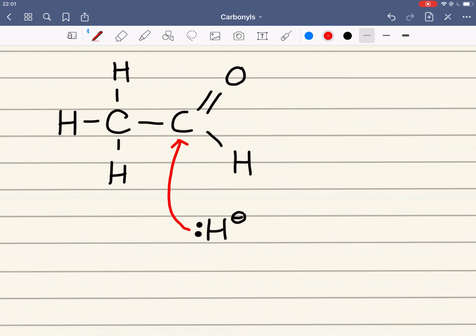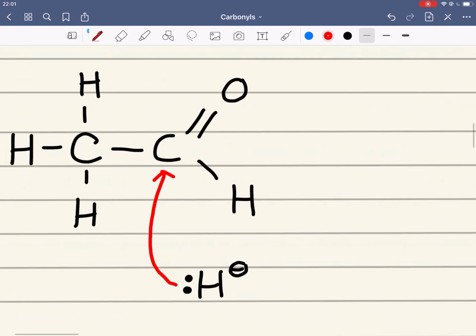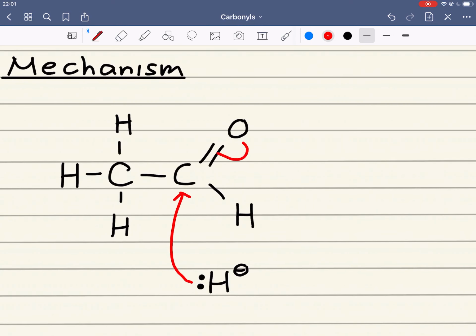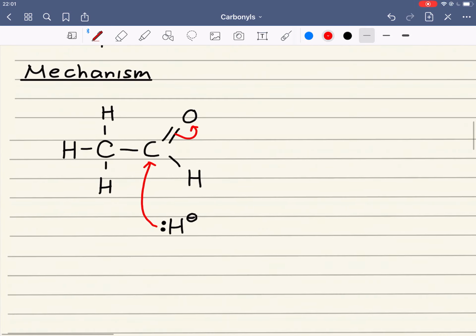In the process of this carbon-hydrogen bond forming, we're going to have 5 bonds. So another bond has to break. And it's this carbon-oxygen bond here, one of the bonds in the double bond. Now, that's going to give us the following intermediate structure.